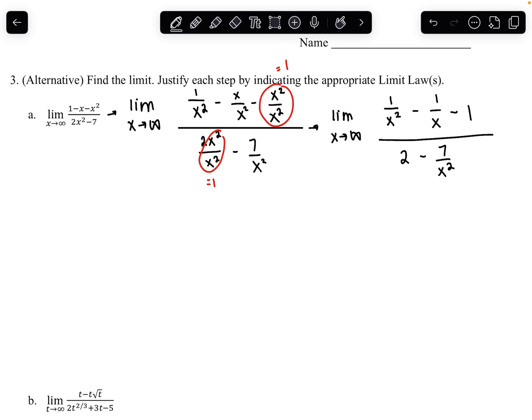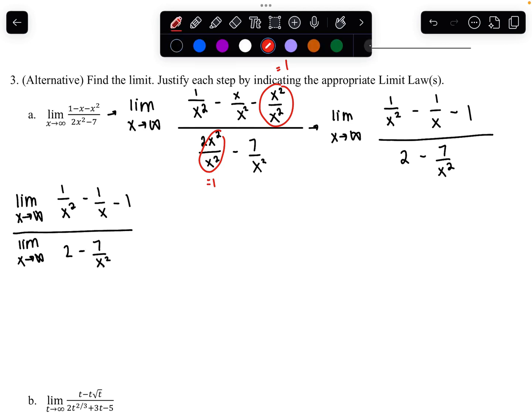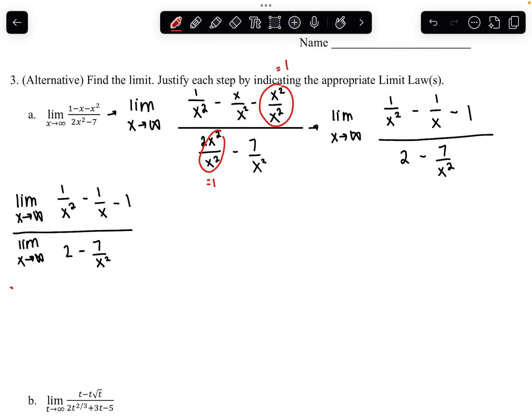So what that means is we can just do the limit of the top divided by the limit of the bottom, because we've divided by the highest term. That's literally the only reason why we can do this. Because it says justify each step, that was the quotient law, if you were wondering.